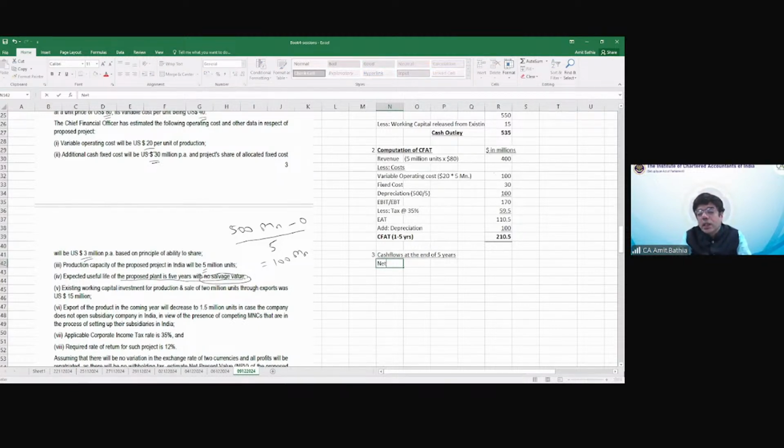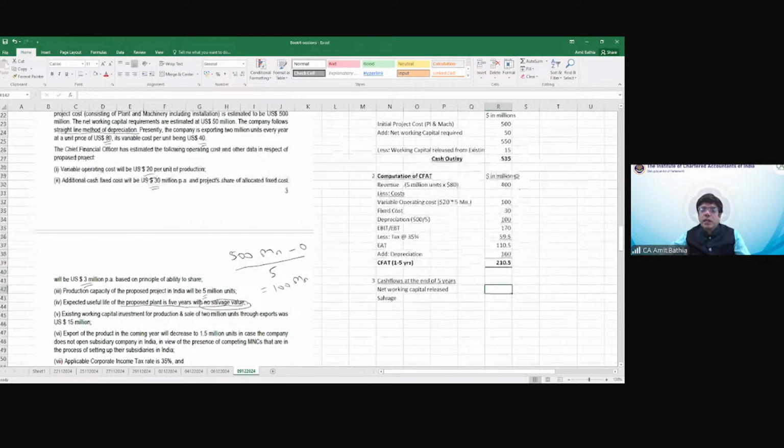One is net working capital released. Second one is salvage. Do you have any net working capital released? How much net working capital had you invested? 50 minus 15, right? So that 35 million will get released.